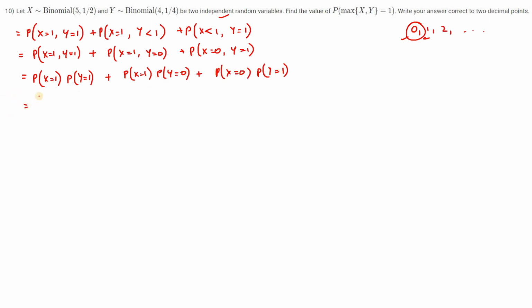So now what is this? Using the formula I can say that 5c1 into 1 by 2 to the power of 1 into 1 by 2 to the power of 4 plus, sorry, into what is this?